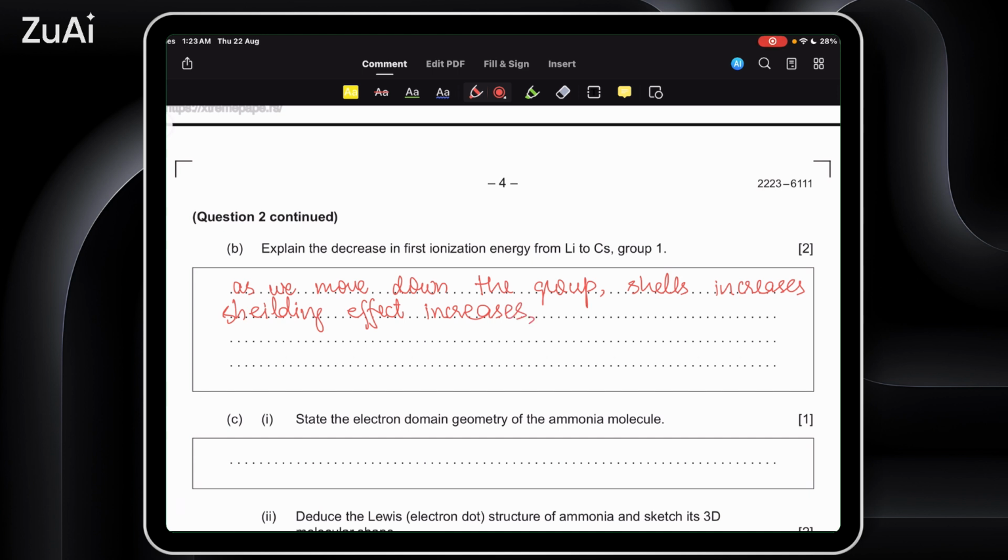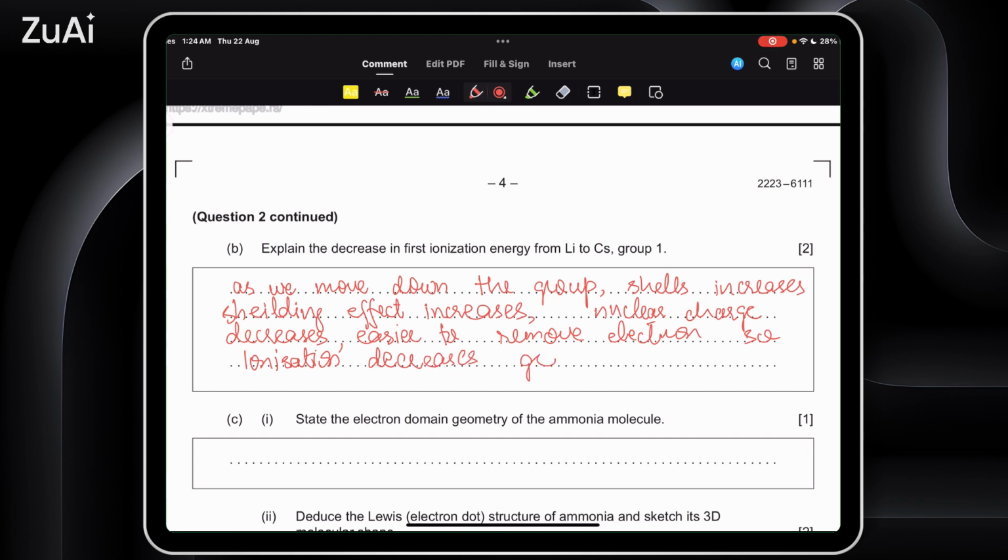Shells increase, shielding effect increases, and nuclear charge attraction decreases. So that's why it's easier to remove an electron. So ionization energy decreases gradually.